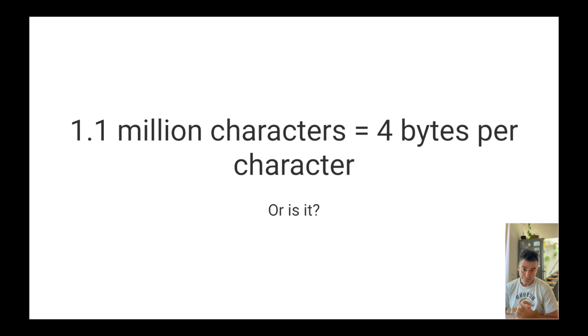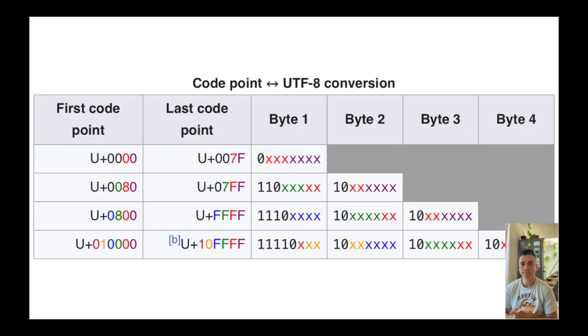All right, so 1.1 million characters means 4 bytes per character, right? That's the typical logical theorem. Or is it? Well, thankfully, we have a format called UTF-8, which is actually quite a genius way of representing strings.